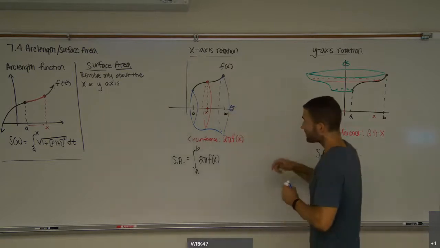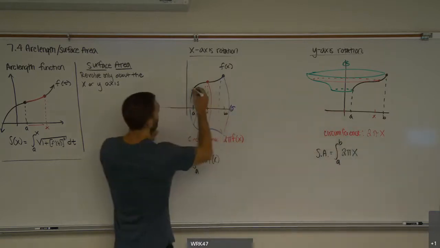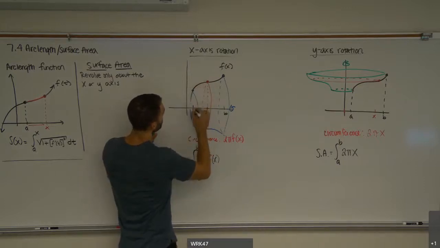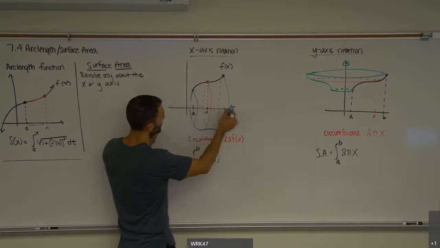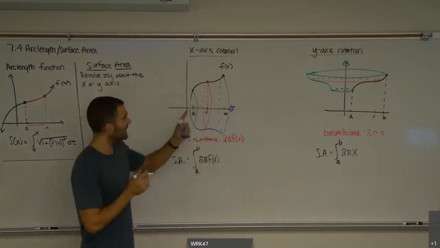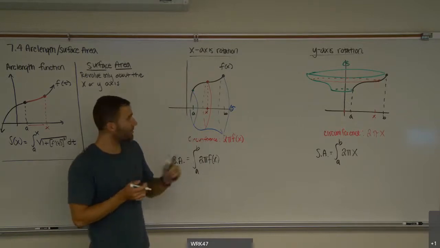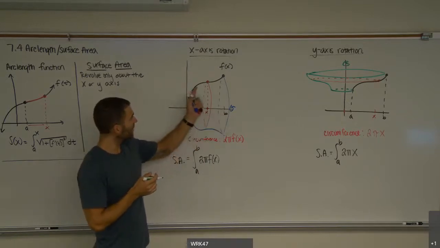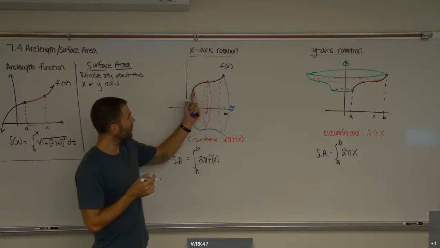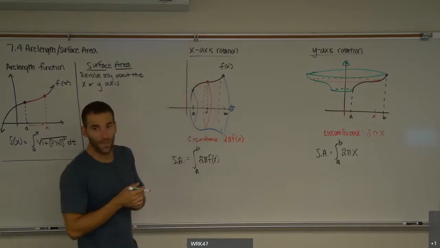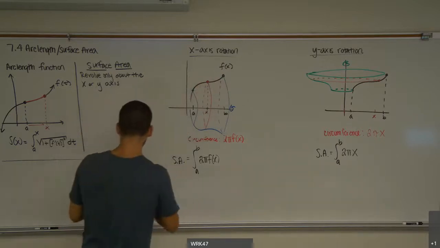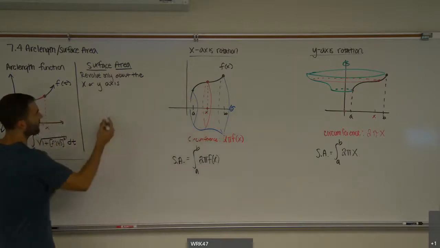Unfortunately, though, if we partition up points evenly along the x-axis, we will not necessarily get even points along this curve. So if I partition the x-axis up evenly, we're not guaranteed that these points on the curve are equally spaced out. We can think of a very simple example here. I'll do it under here.